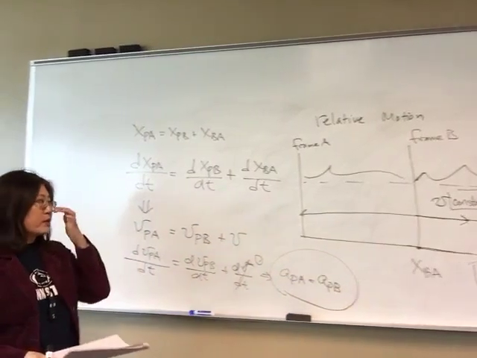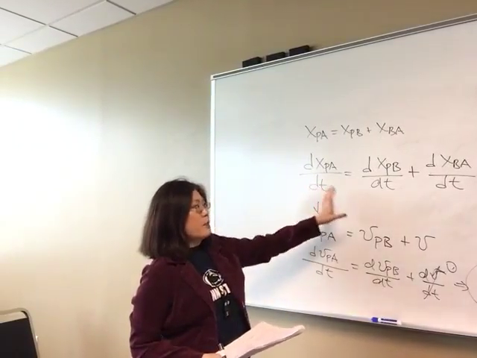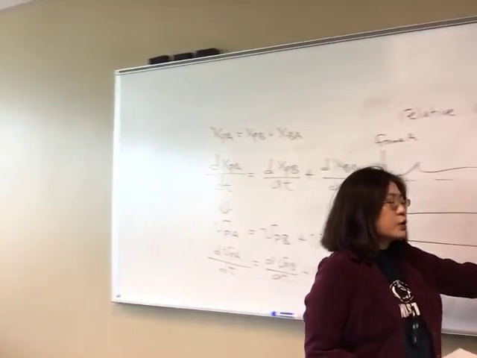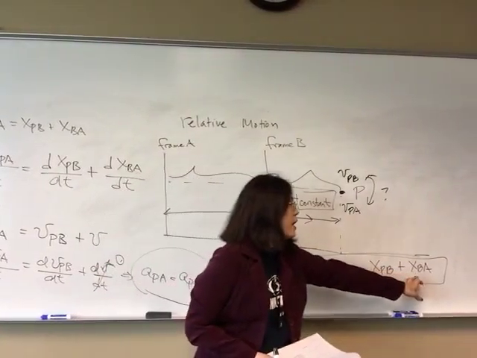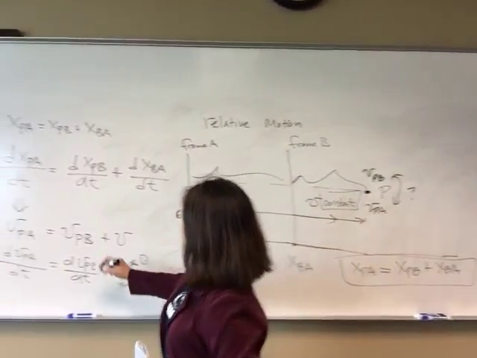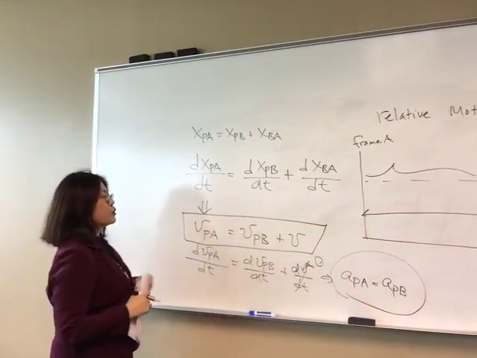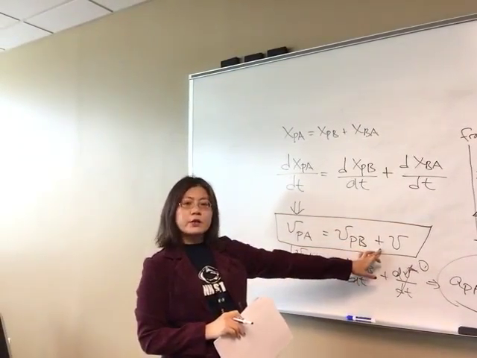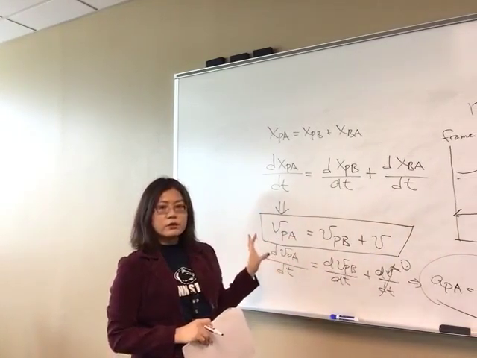Okay, so that's basically the characteristic when you have relative motion: the positions are related to each other by using this equation, so long as you know the separation between the two frames, and the velocities differ by the velocity between the frames. For acceleration, there's no change.